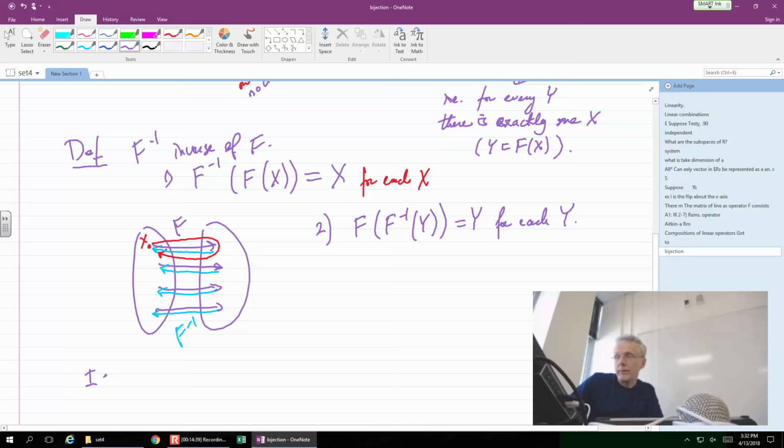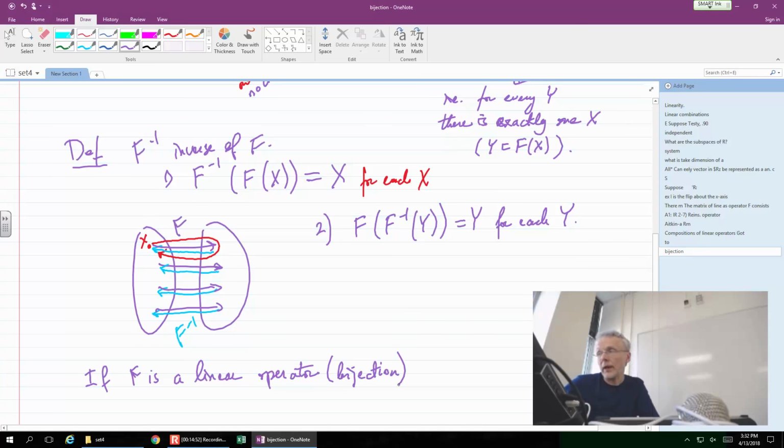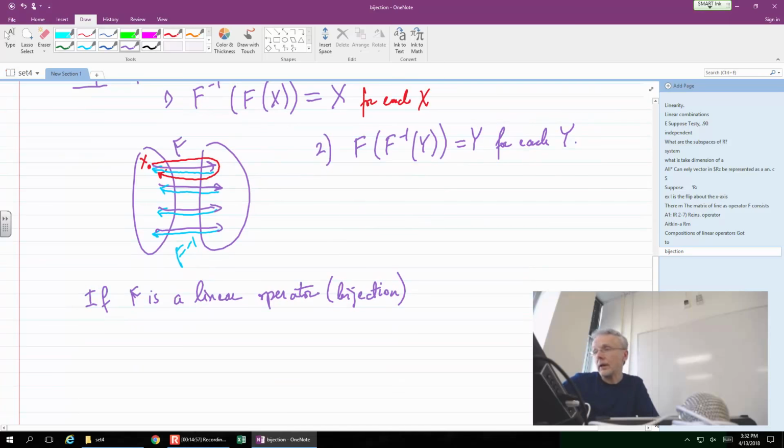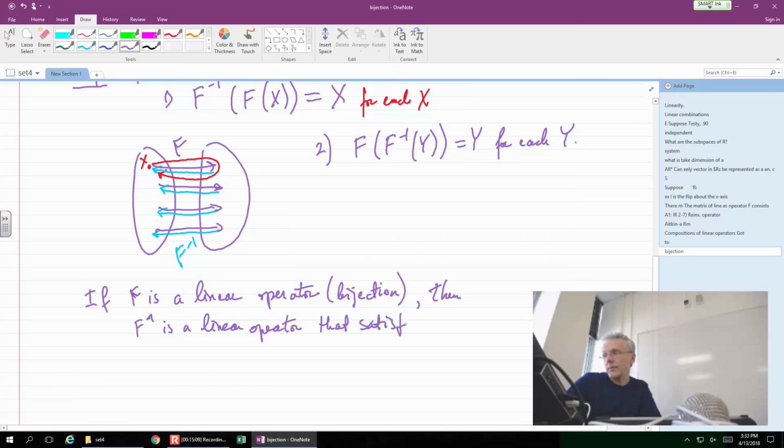So f is a linear operator, and we want it to be a bijection. Suppose so, then as you can see, bijections will become a big issue because then everything is invertible. Then f inverse is also a linear operator that satisfies those equations.